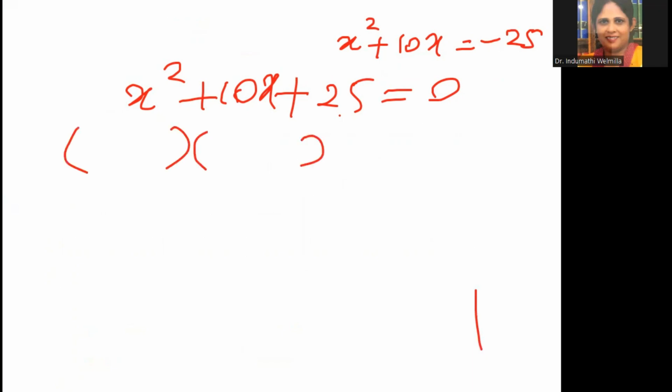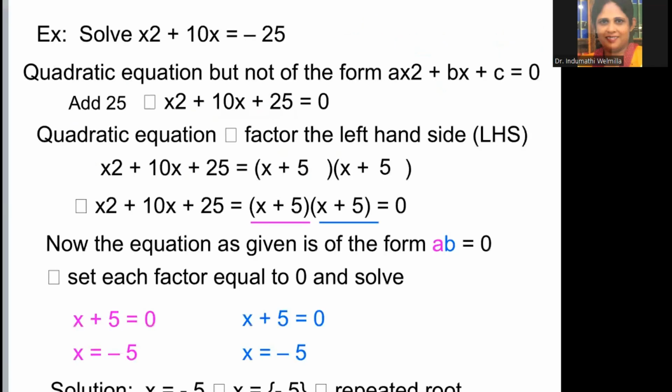Once we find the factors: x squared, and the factors of 25 are 5 into 5. When we add these 5x, it becomes 10x. Therefore, the two factors are this way. So then it's very easy. You can solve and take the value for x. I am not going to simplify that one further.